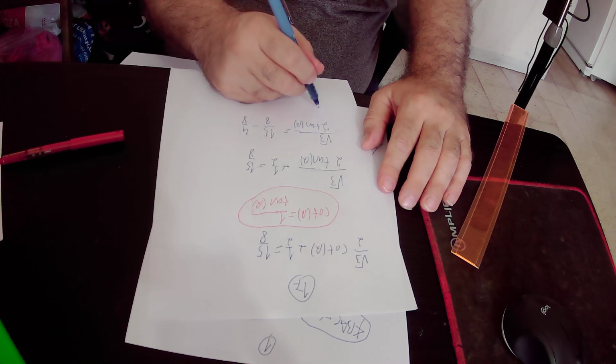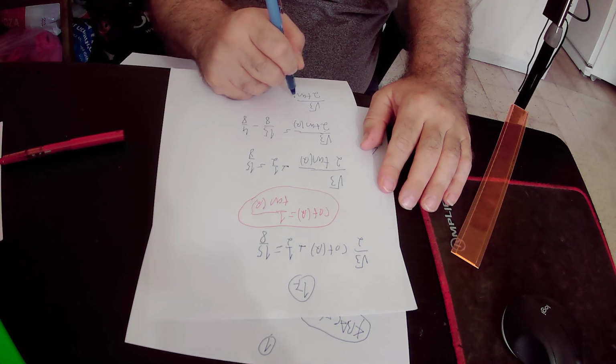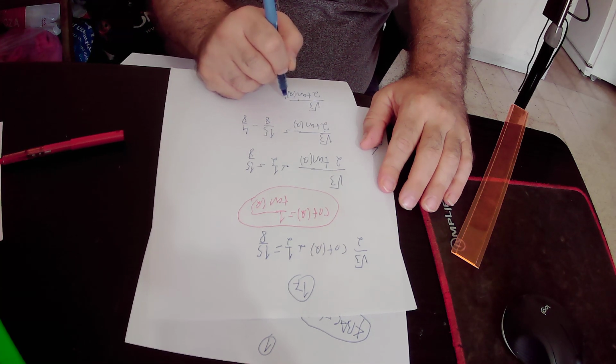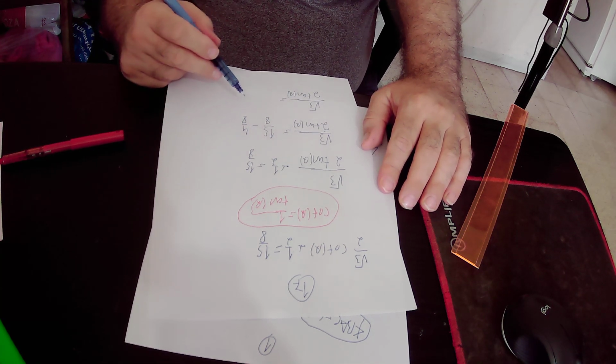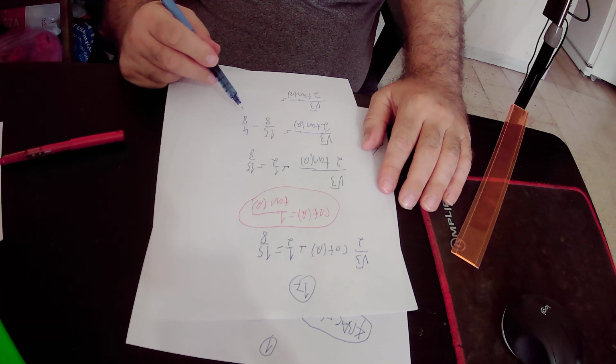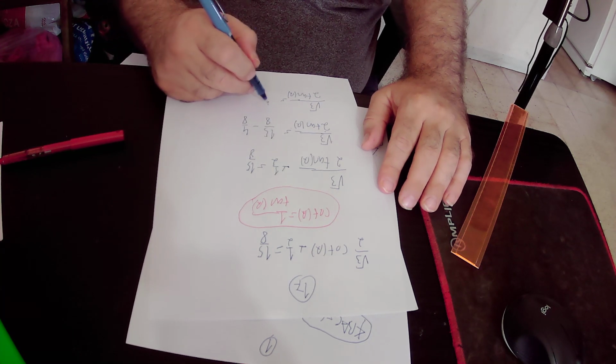So root 3 over 2 tangent q equals 15 minus 4 over 8, which is 11 over 8.